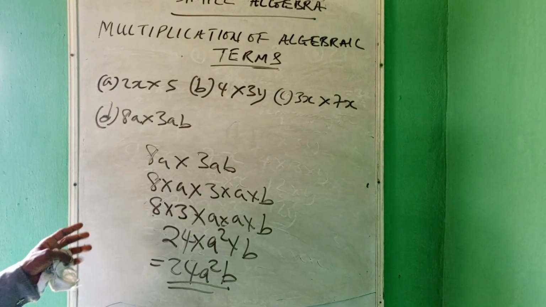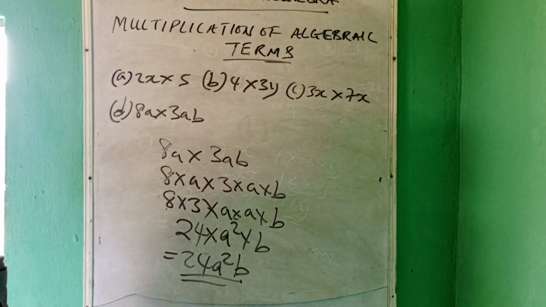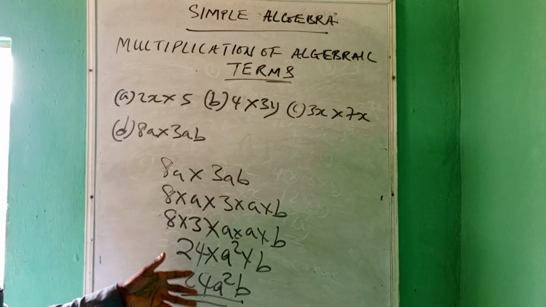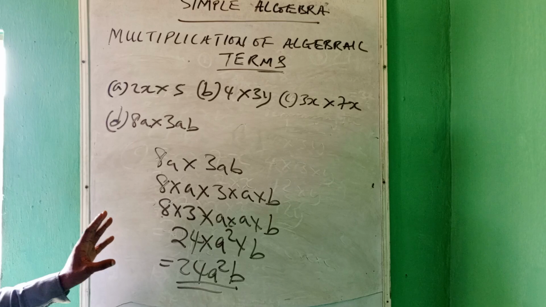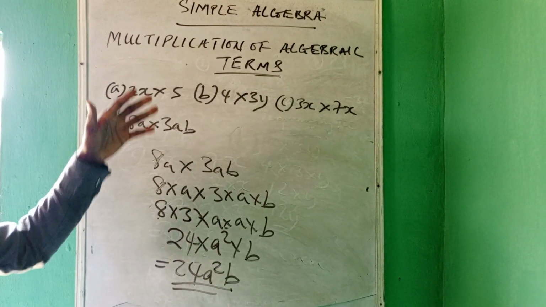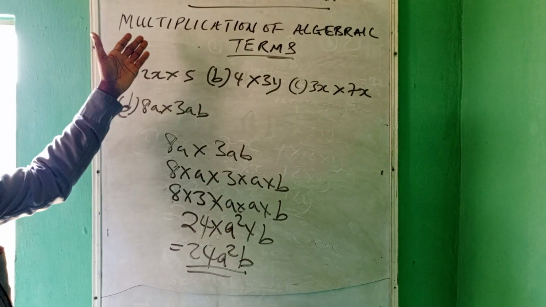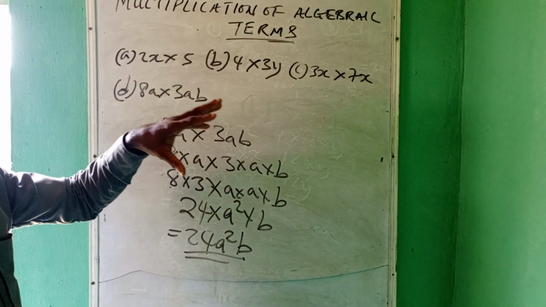So with this, we've come to the end of multiplication of algebraic terms. Most of what I do is that before I teach my maths, you can see now it's as if I'm fast. I will teach you all it takes for you to have an easy flow in that math. So whenever we start a math, like the next one, division of algebraic terms, I may be explaining some terms to you.